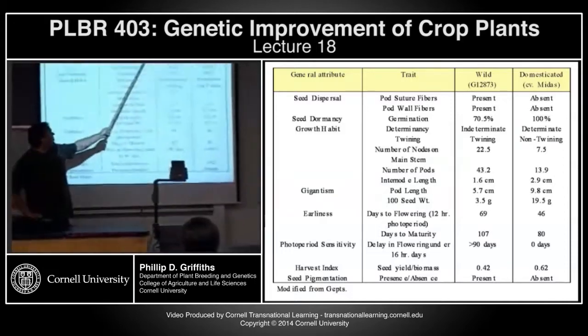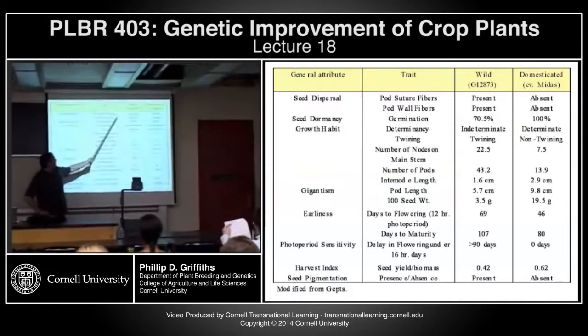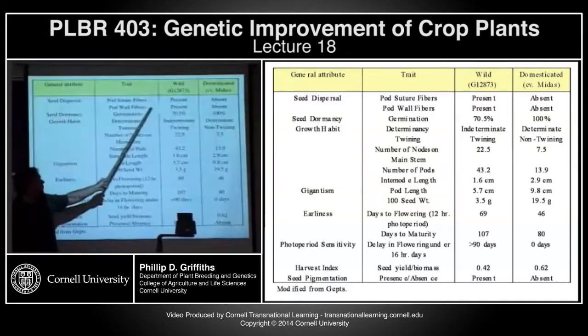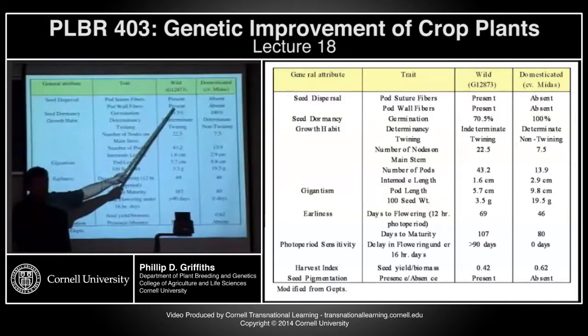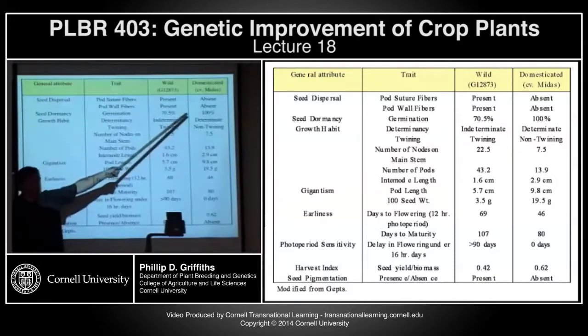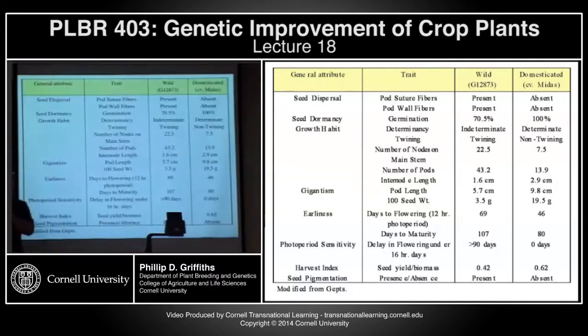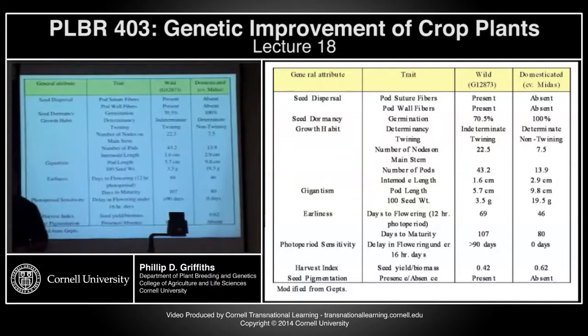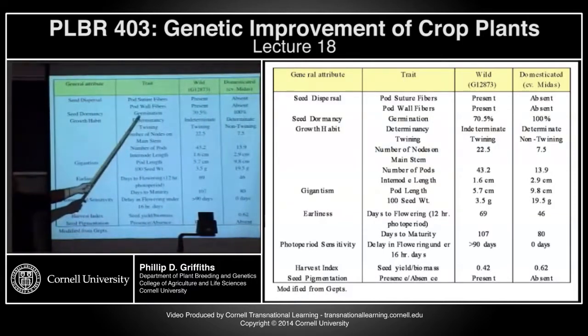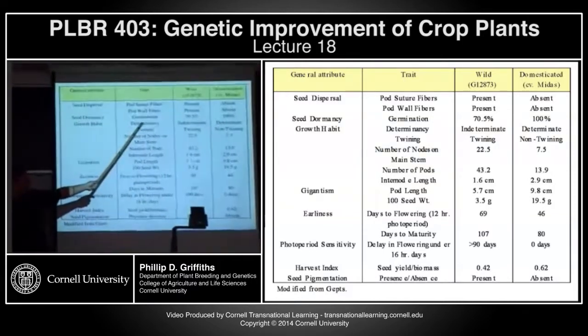So for instance, the fiber in the pod suture and wall, you get a lot of fiber present in the wild type, but over generations this has been selected against in the snap bean type because we like the beans to snap and basically have no fiber in them. We also look at the seed quality.